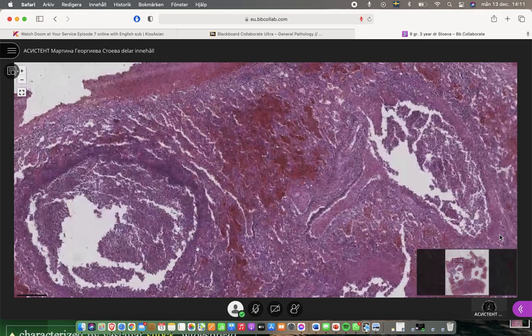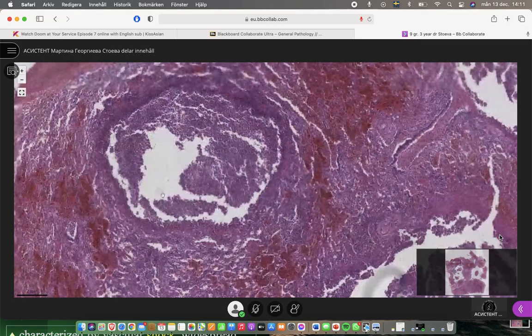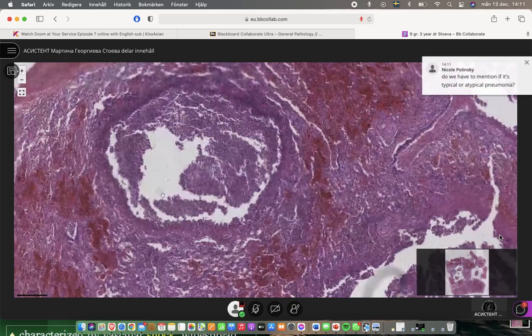So finally, we can make the diagnosis pneumonia with formation of abscesses or absceding pneumonia. This is a type of bronchopneumonia.